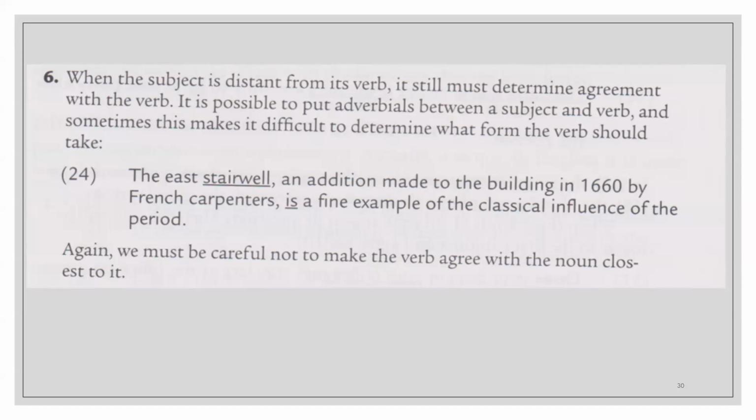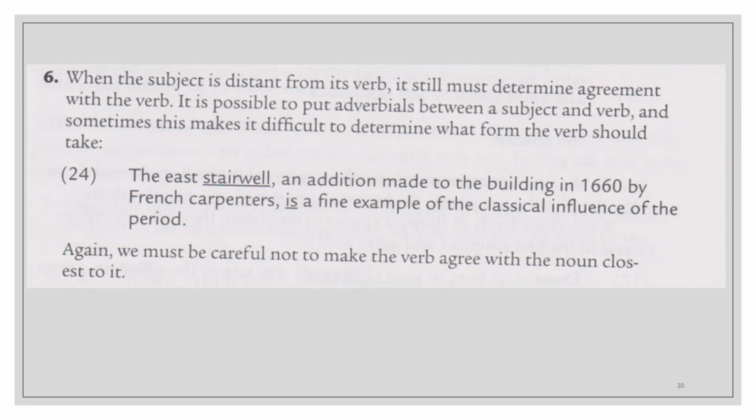So again, when a student's writing this, it's very easy. Even for you and I, we might accidentally use the wrong form of the verb if our brain has kind of forgotten where we are. What was the subject of the sentence again? But no matter how long a chunk of language we put in between the subject and verb, they still must agree with one another, okay?